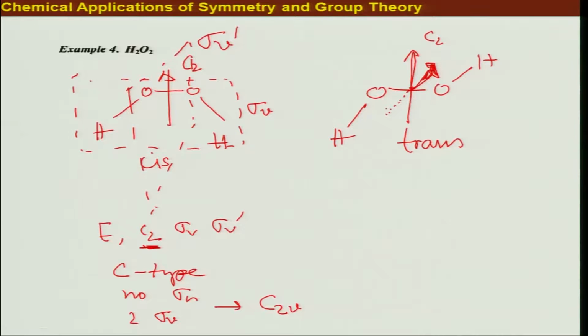This is one C2, and then what I have is a plane containing all these atoms, right? There is one mistake. This particular axis is definitely not a C2. I am sorry, no C2 is here.